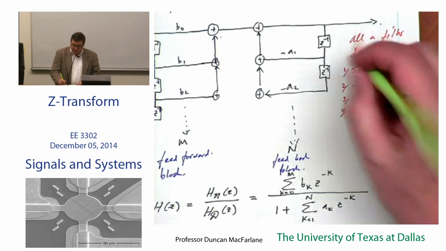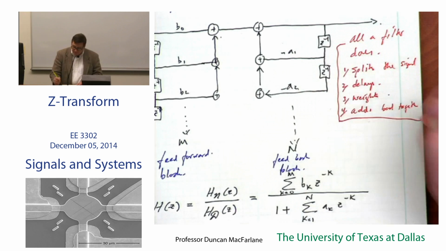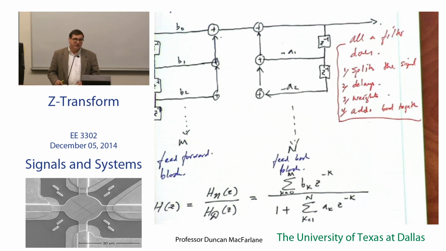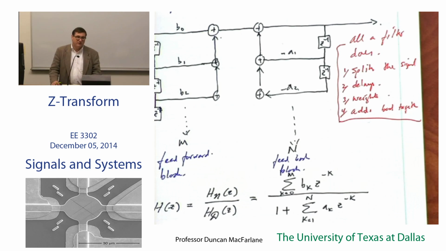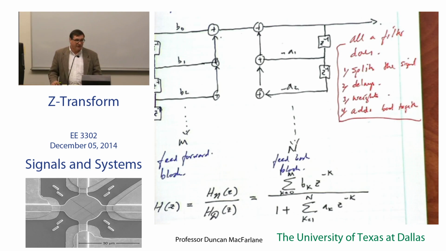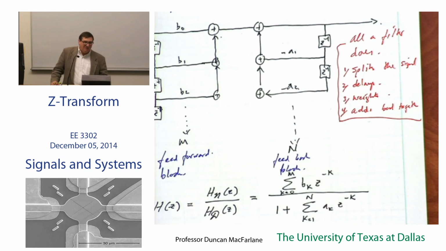So that's pretty philosophical. What does a filter do? Well, all it does is it takes a signal, it splits it up into components, it delays those components, it weights them, and then it puts them all back together again. That's a very general description of a filter, but it allows you to look around and see filters where they exist. Okay?